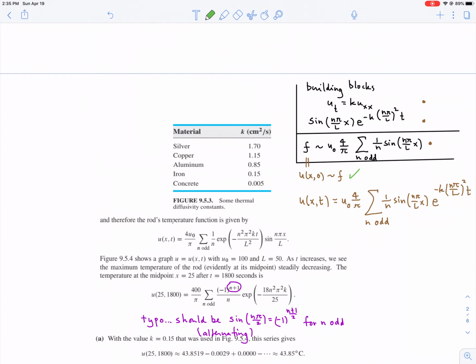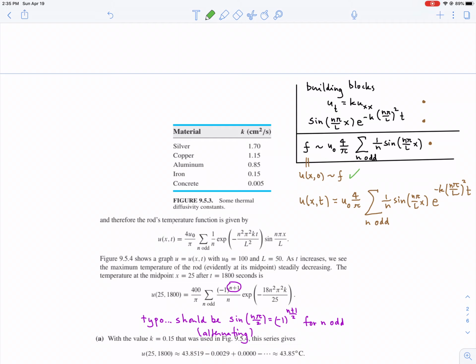Each one of those building block product solutions solves the heat equation with 0 values at x equals 0 and L. And because the heat equation is homogeneous, sums of solutions are solutions, and so, waving our hands, convergent infinite sums of solutions are solutions.